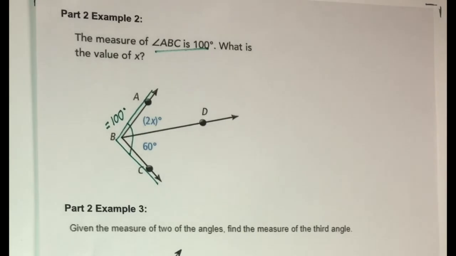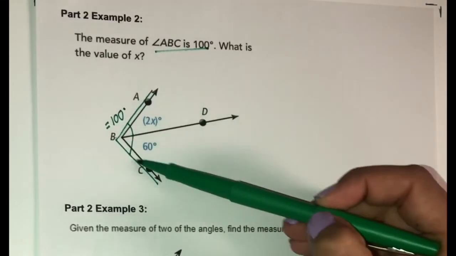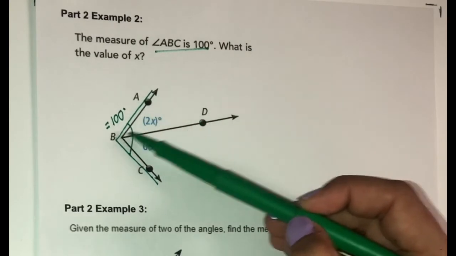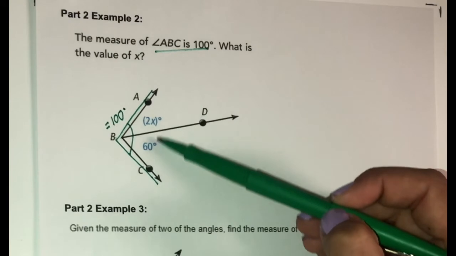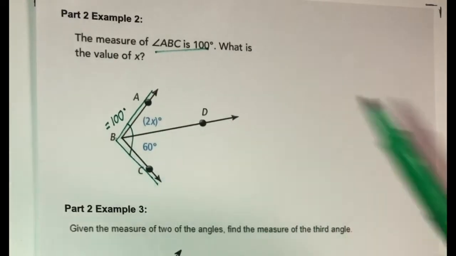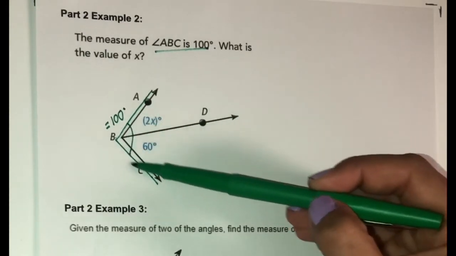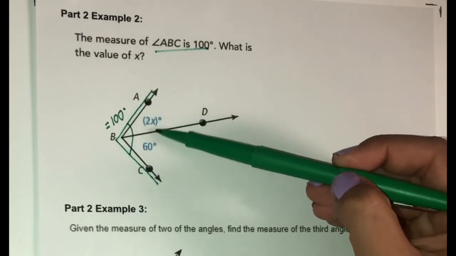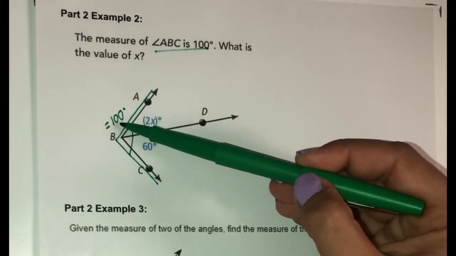Just like we talked about, we know there's three angles here: angle ABC, angle ABD, and angle DBC. These two angles make up angle ABC. So if these two angles make up this big angle, their degrees added together equal 100 degrees.